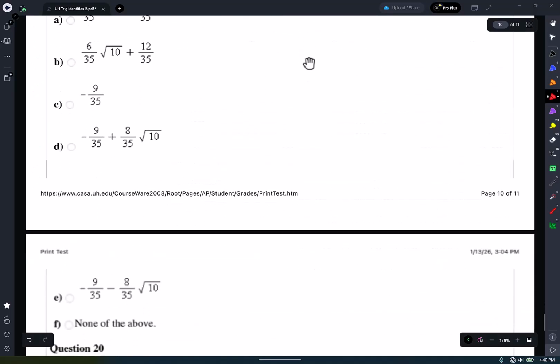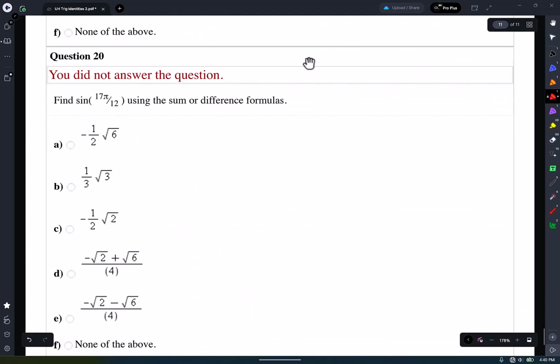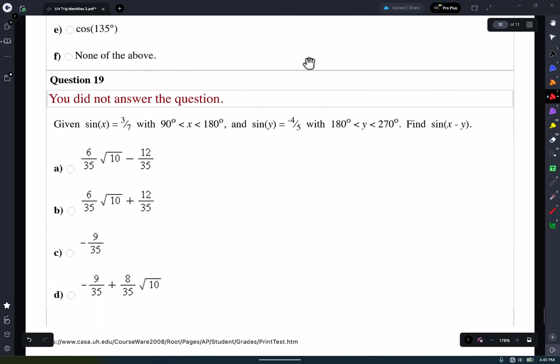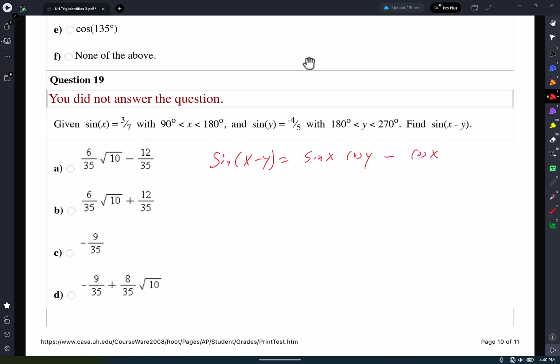All right, we got 2 left, and that is it, finally. All right, so find sine x minus y. Sine x minus y equals sine x cosine y minus cosine x sine y. I have sine x. I have sine y. So I'm missing cosine y and cosine x. So x is in quadrant 2.